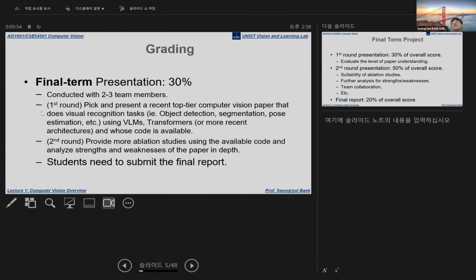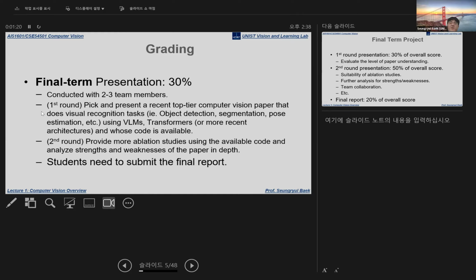Otherwise you can choose a paper whose code is not available, but you have to implement that in that case. So in the final term project, we are not enforcing you to implement the paper, but we want you to first understand the paper, and then present it.